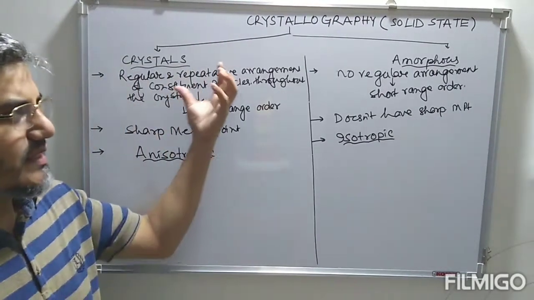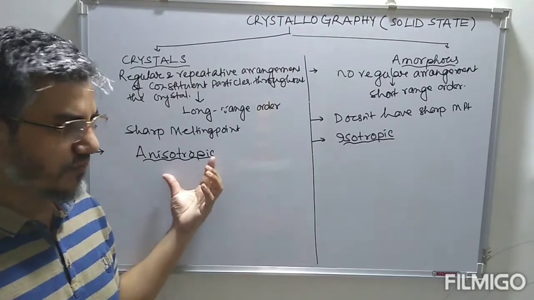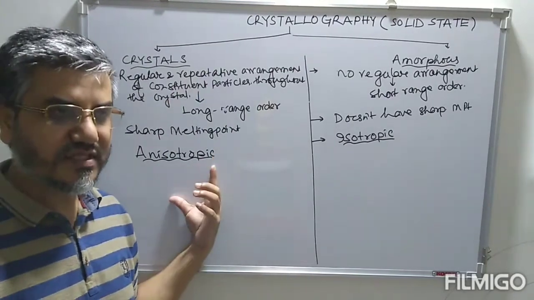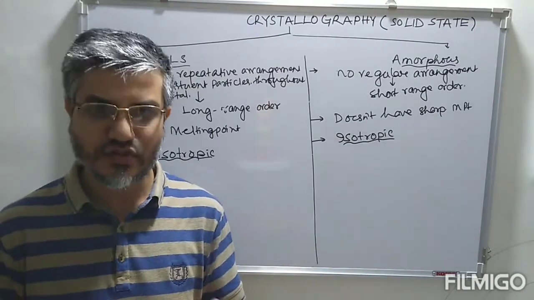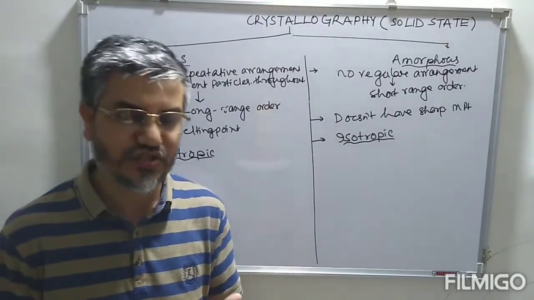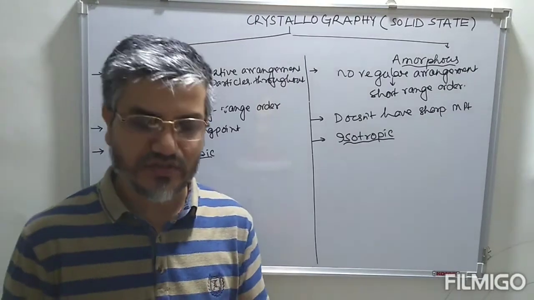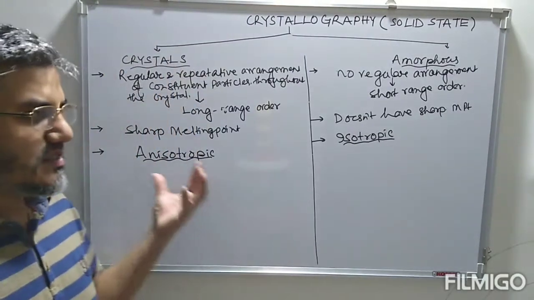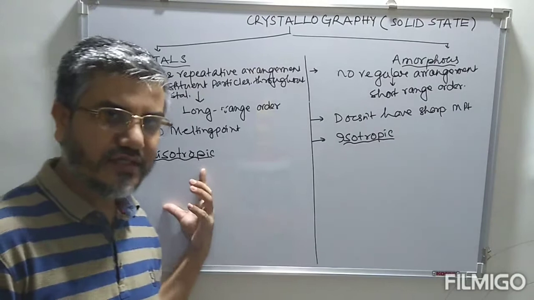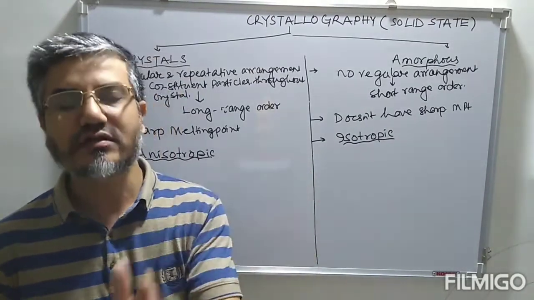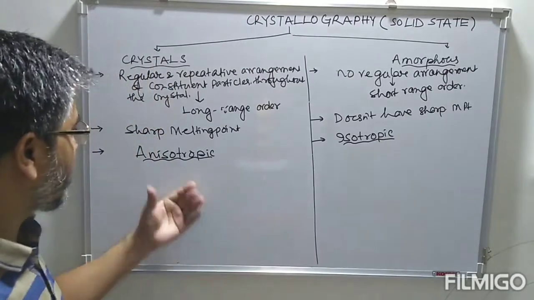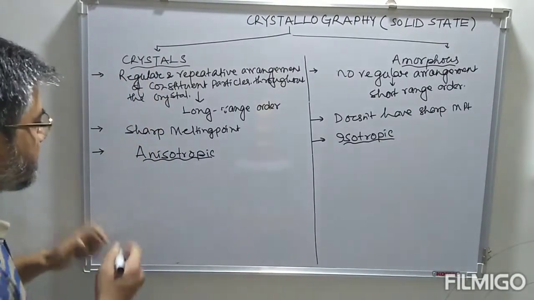So crystalline compounds show different values of the same physical property when the direction of measurement, or the direction of observation, or the angle of observation is changed. These properties differ due to the different arrangement of the constituent particles in different directions. That is what we call anisotropic.